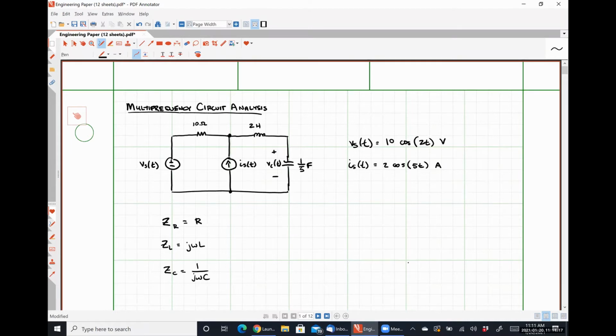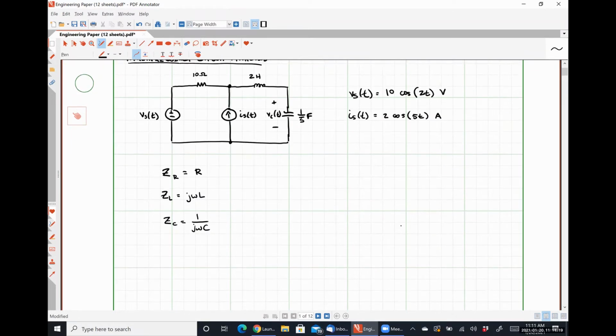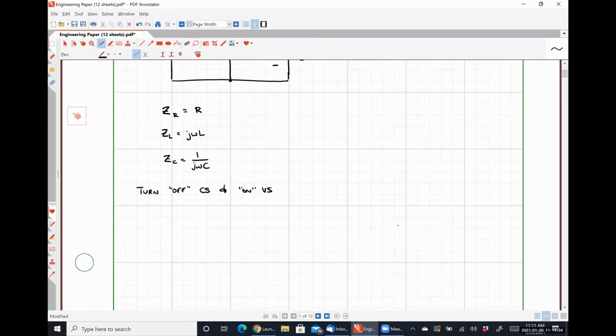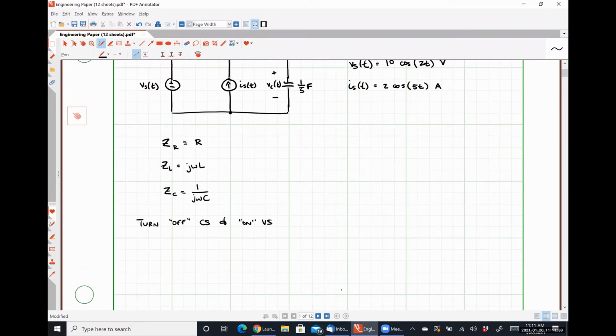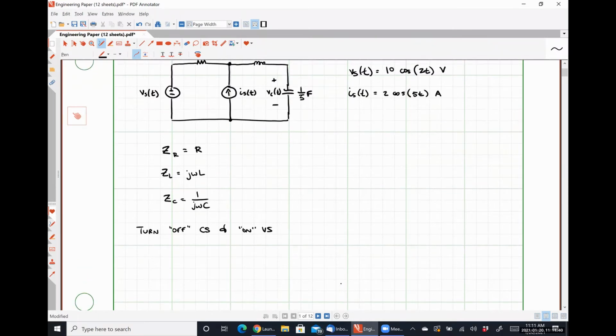So in this case, let's turn off the current source and turn on the voltage source in the frequency domain specifically. So with the current source off, that means we're going to replace it with an open circuit.